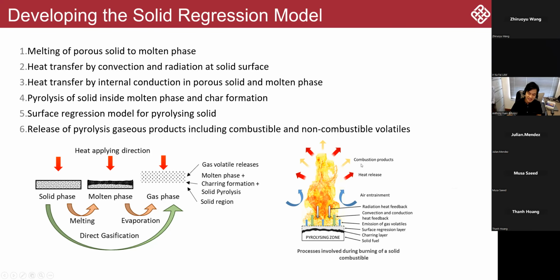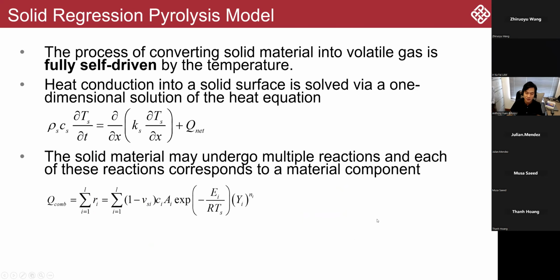If you look at the burning of any generic solid combustible, now we can look into the char layer, we can look into the gas volatile that contributes to the combustion process, and the CFD will deal with the rest involving the radiation, convection, and so forth.